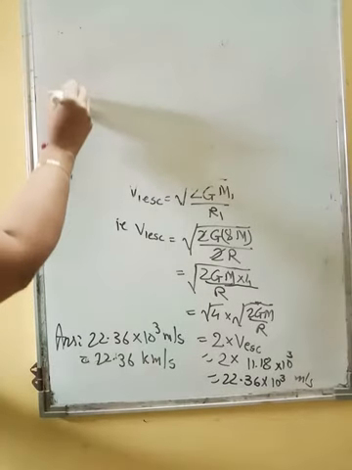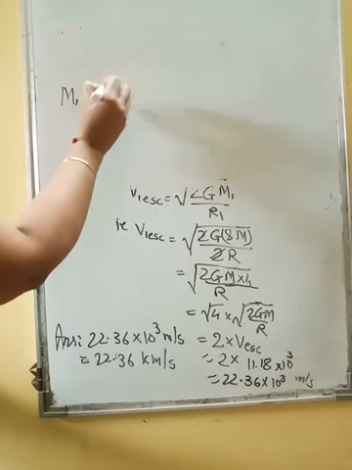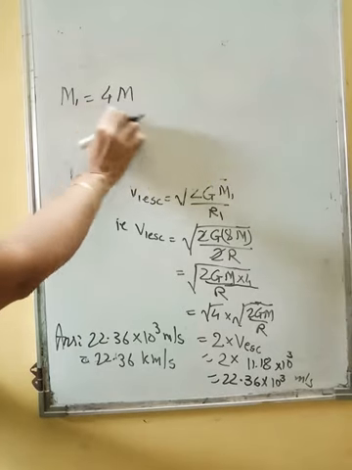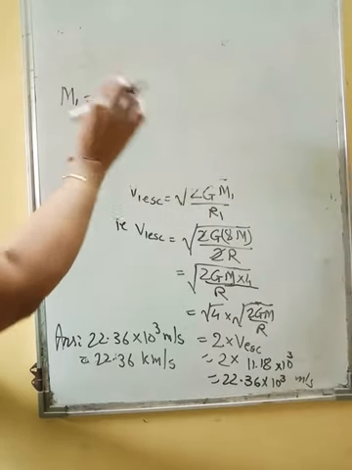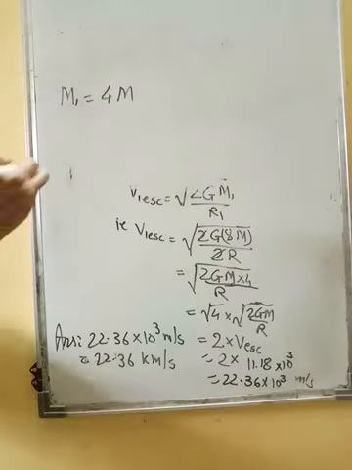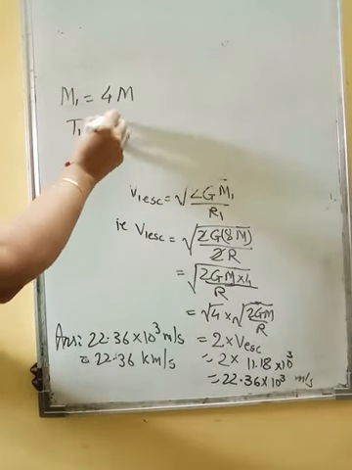See, high orbit, right? So our new mass is 4 times the original mass. So what change is done? M1 is equal to 4 times M. That is the only change done. And what you are supposed to find out? The new time.